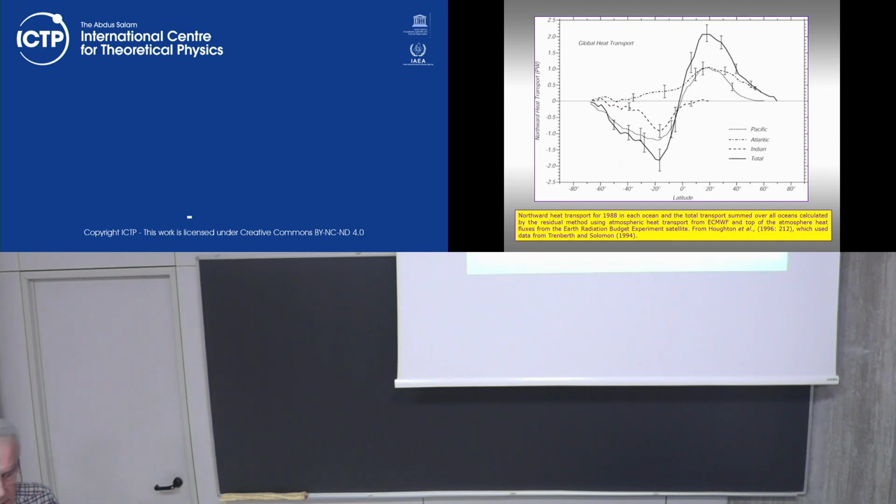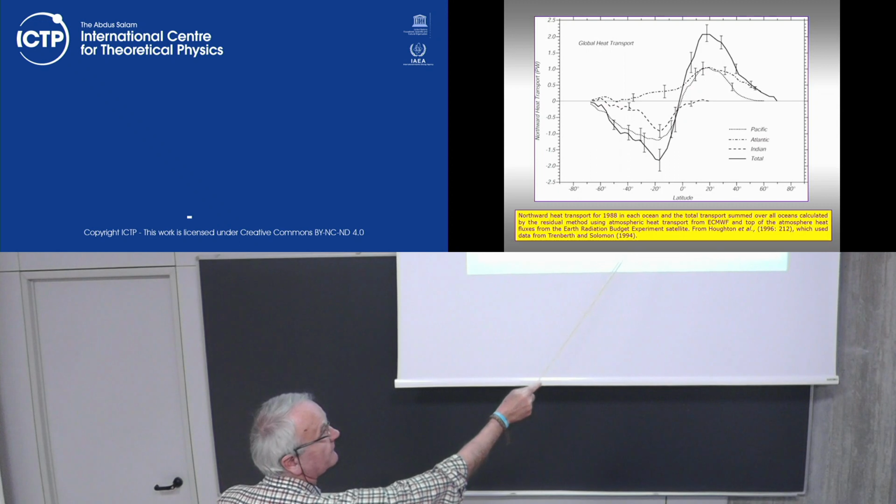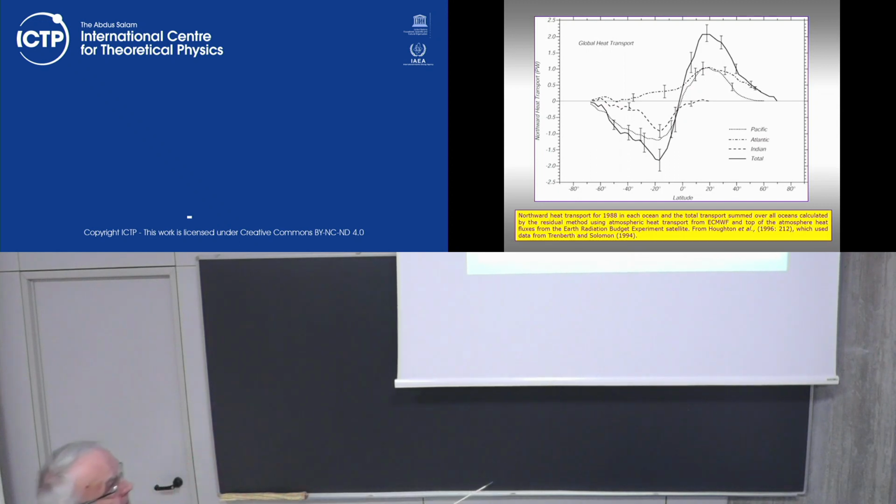So in order to keep these differences constant, there is this global heat transport by ocean currents and also by the atmosphere, because both the atmosphere and the ocean transport heat between the equatorial and polar areas. And here is the global heat transport in the ocean, presented for different oceans.